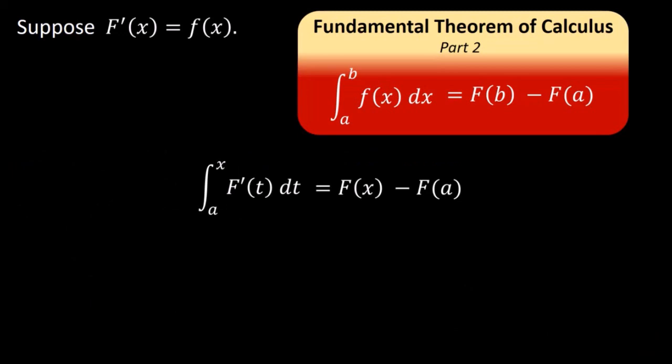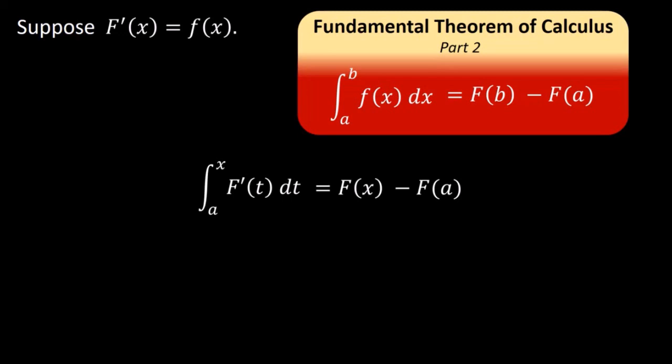So just to recap, our theorem says if little f is the derivative of capital F, I take note of that in my formula. I replace little f by capital F prime. Now I'm going to make one other change. I'm going to replace the b by an x. And that's just so I can say that if I take the integral of the derivative of capital F, then I get capital F back, plus a constant.